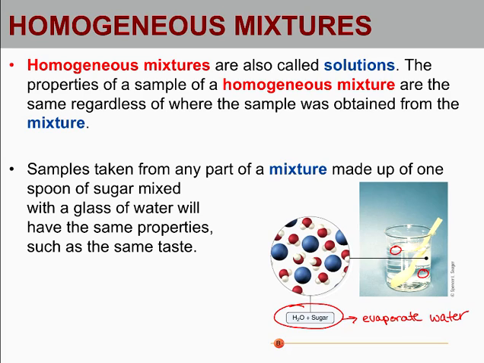And then we would see that there's sugar left behind, and we would be able to say, oh, this is a mixture. But again, in homogeneous mixtures, the different components are not visible. So we cannot see the different components.